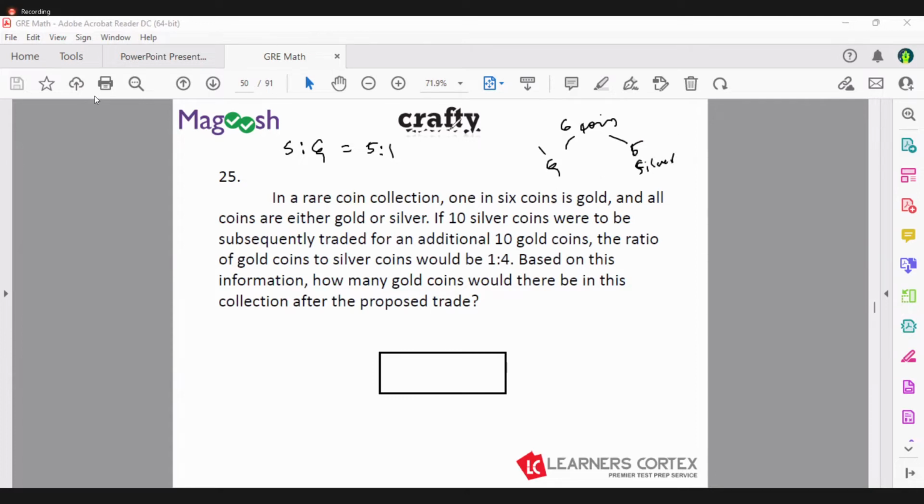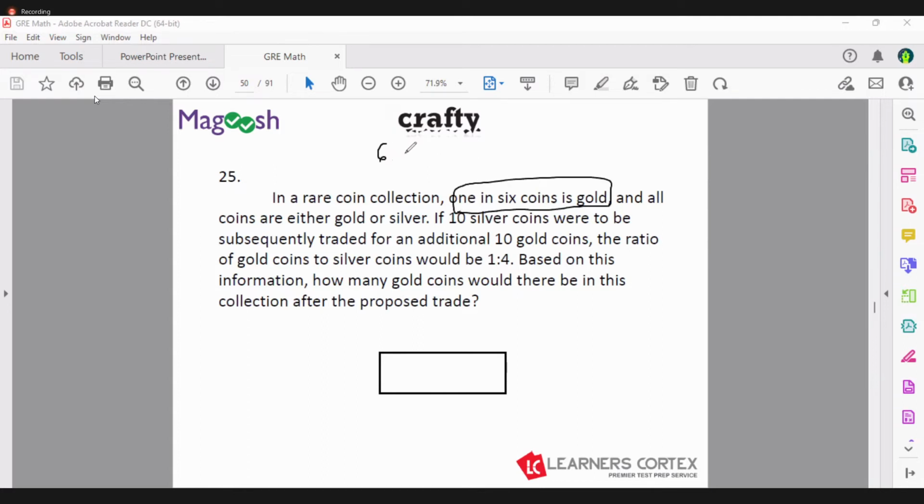Does that make sense to everyone? Anyone who has not understood this particular part? Great. Excuse me, sir. It's saying that all coins are either gold or silver, so how can we predict that the rest of the 5 coins are silver only? Because it is saying that 1 in 6 coins is gold.